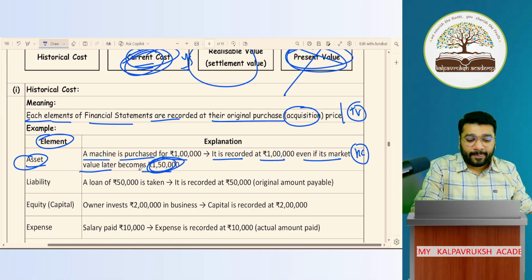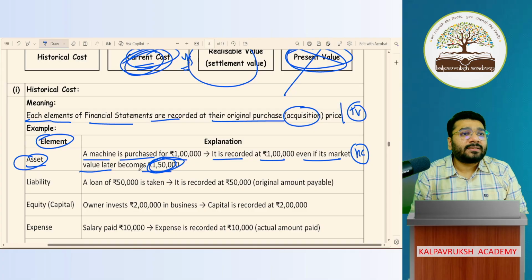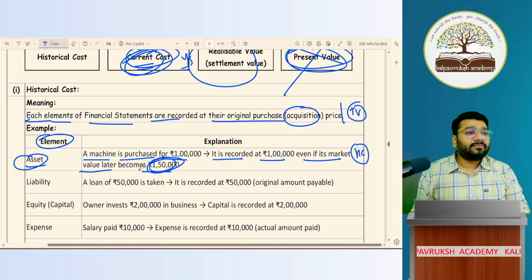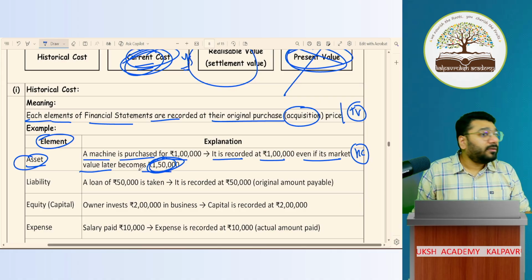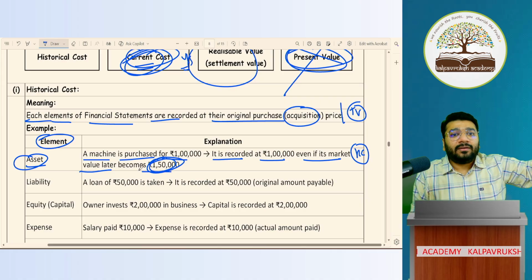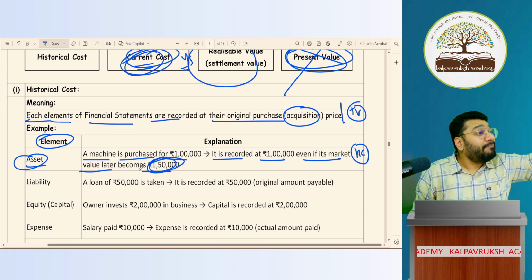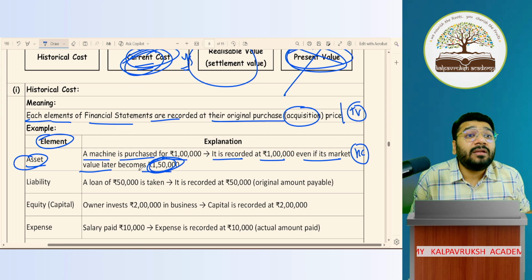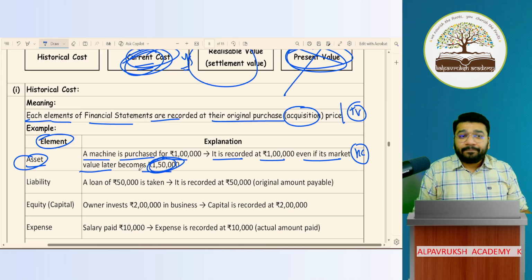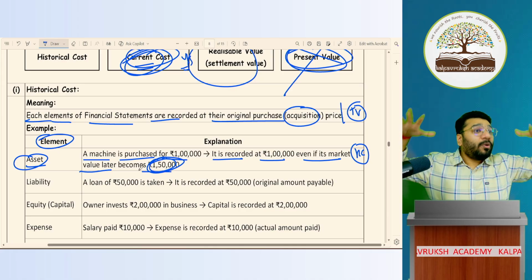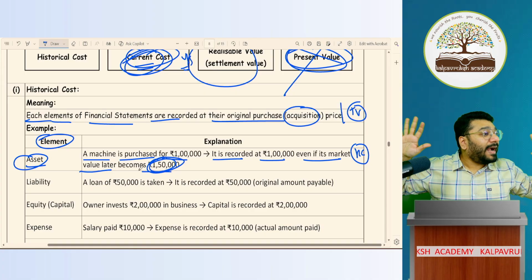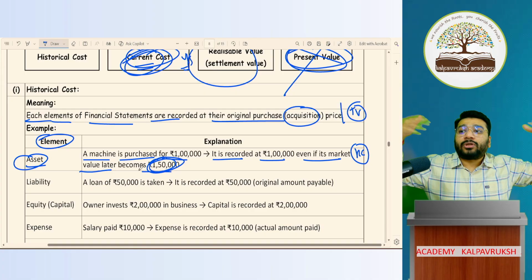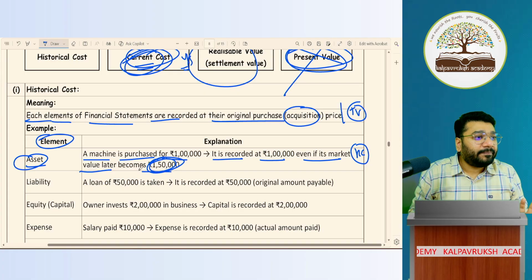So the question that comes to your mind is, which is the best method? Of these 4, which is the best method? Nothing is the best method. Method depends on the situation. For example, this building, if I want to show it at 5 crore only, at historical cost, I'll follow the historical cost method because I feel that is appropriate.